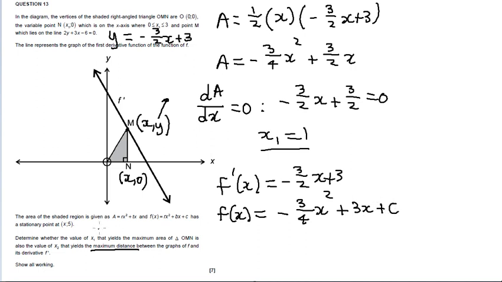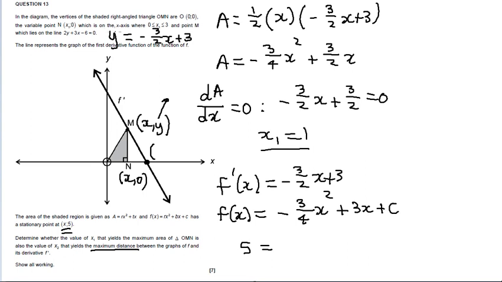And in the question we're also told that the stationary point of f has a y value of 5, and we also know that at the stationary point, the derivative of f will be 0. That's going to be where the graph of f prime touches the x-axis. So that's going to be the x-intercept of my straight line.